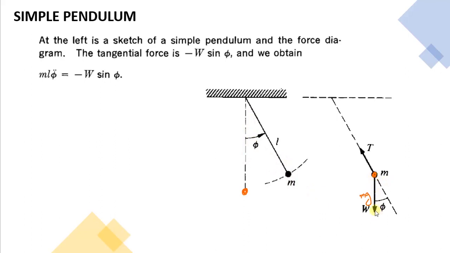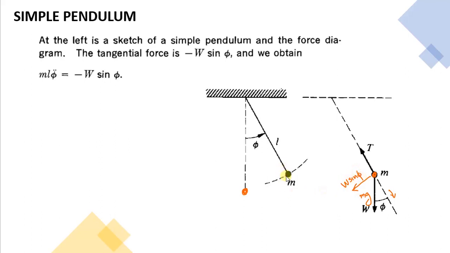Your weight is acting vertically downwards, so on extending the length, this will make the same angle with the vertical. Now this will be mg cos phi in this direction, and mg sin phi will be acting in this direction. Mg sin phi or w sin phi.